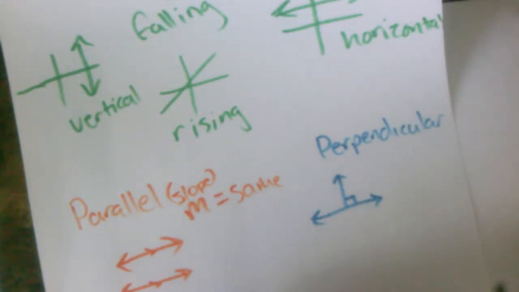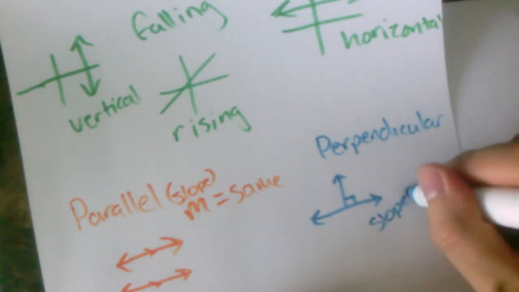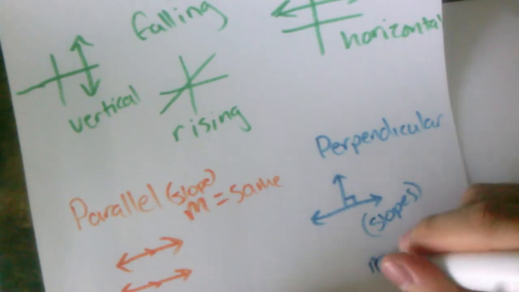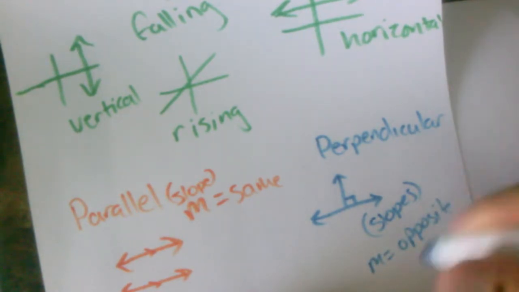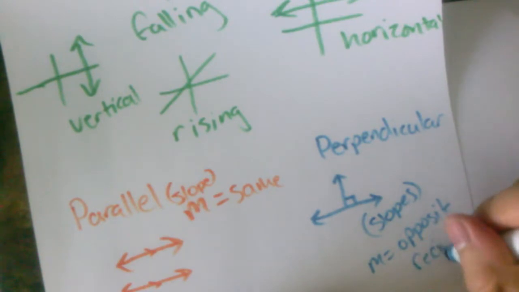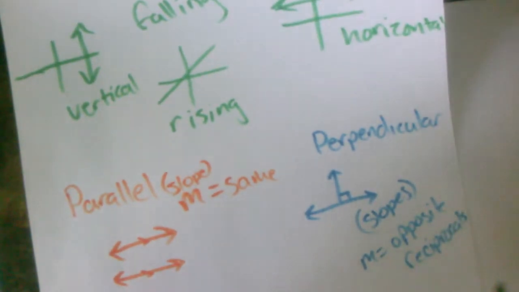And their slopes are opposite reciprocals. That means that they have different signs, so one is going to be positive, one's going to be negative, and then they are going to be reciprocals, which means that in fraction form they will be flipped versions of each other. Okay? So opposite reciprocals.